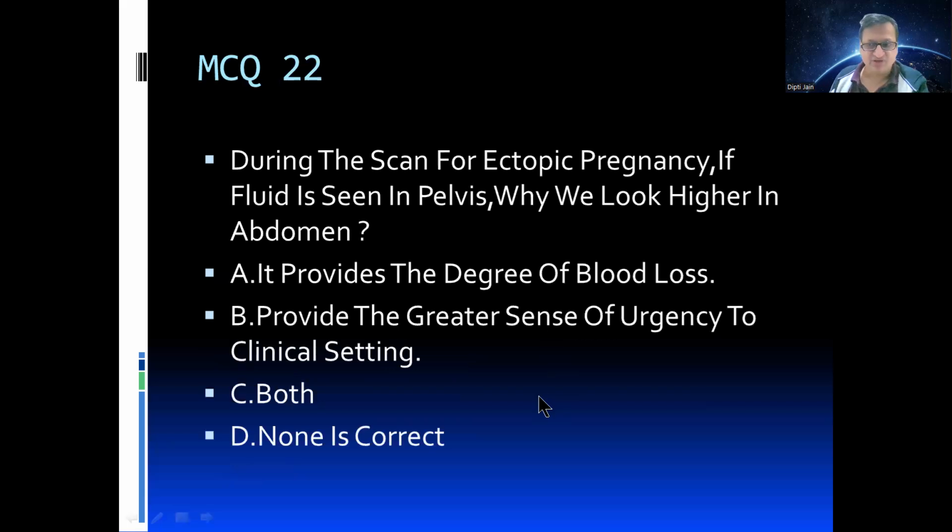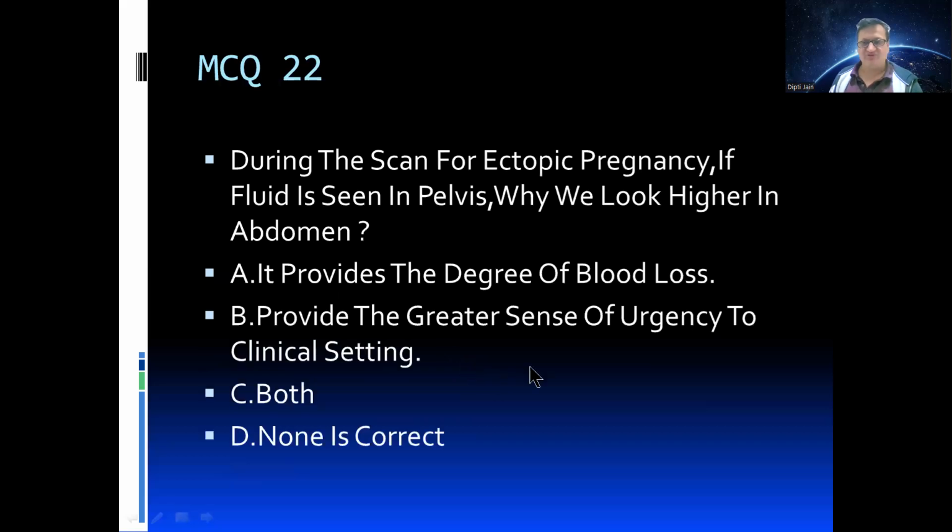During the scan for the ectopic pregnancy, if fluid is seen in the pelvis, why do we look higher in the abdomen? The options are provide the degree of the blood loss, provide a greater sense of urgency to the clinical setting, both, or none. So answer is both, because if we look higher in the abdomen, we can see more amount of fluid present, especially in the Morison's pouch and around other abdominal organs.